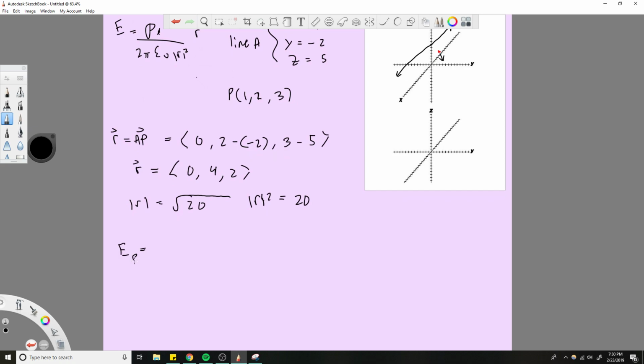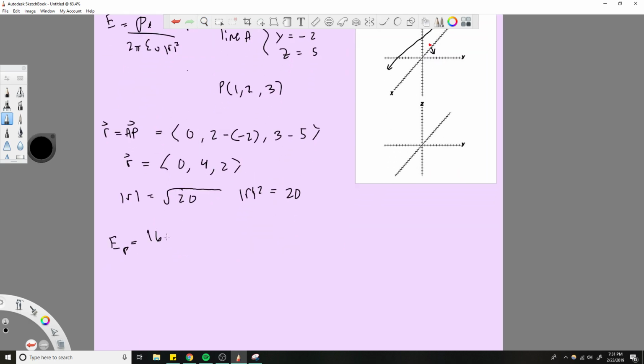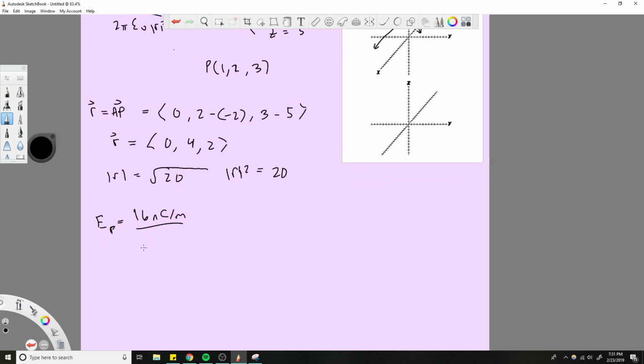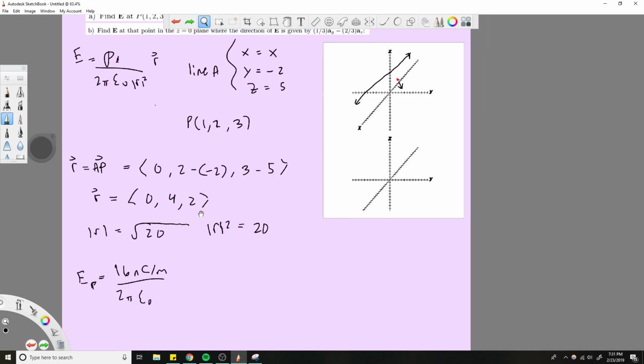E sub P, that point P, we'll call it E sub P. Rho L, we already know rho L, 16 nanocoulombs per meter. The units don't matter too much. R squared is 20, sorry. And then you would have this vector right here, (0, 4, -2).